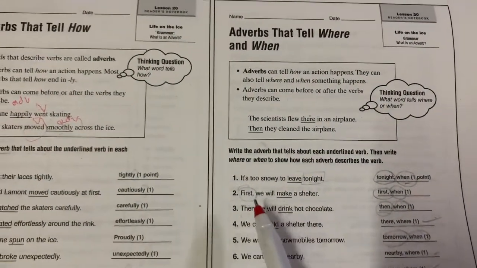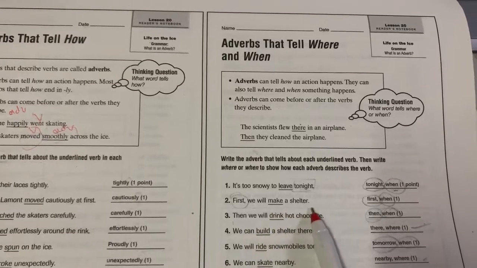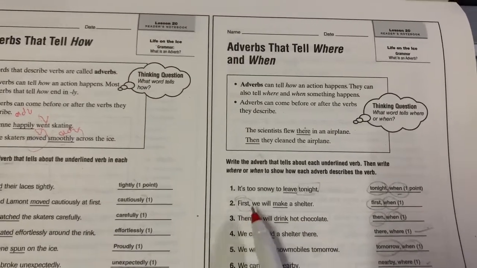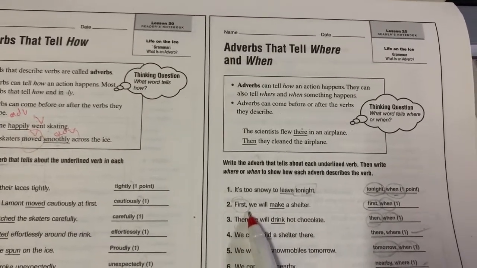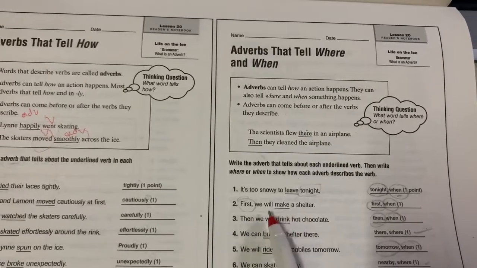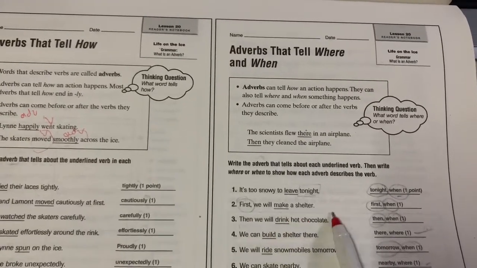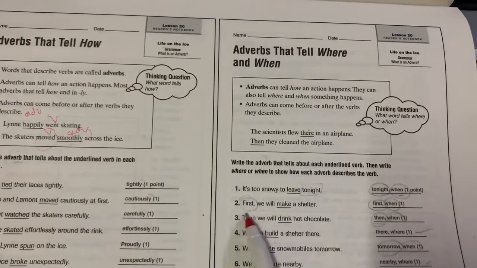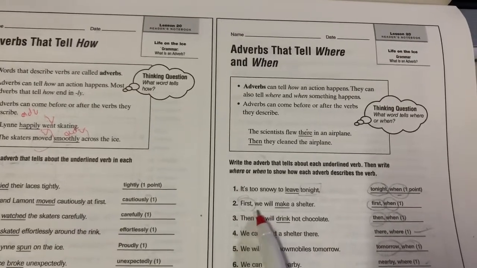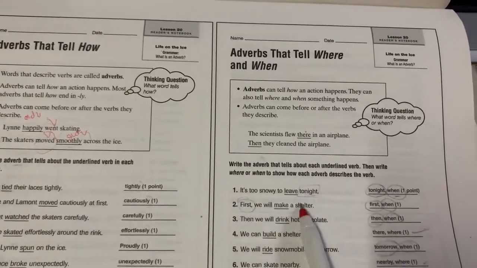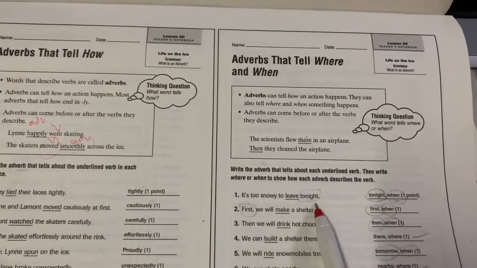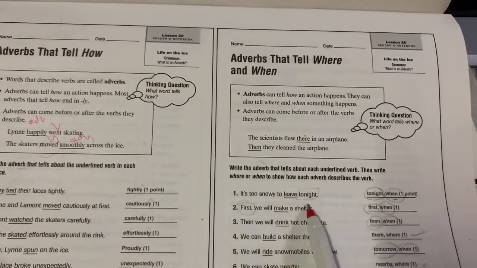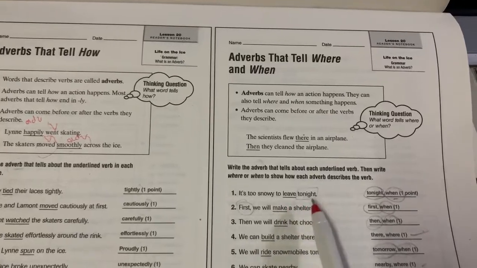Example number 2. First we will make a shelter. Look, first here. First is adverb of time, and look, it can come before the verb. Here, adverbs come after the verb. This is the verb, and the adverb comes after the verb.